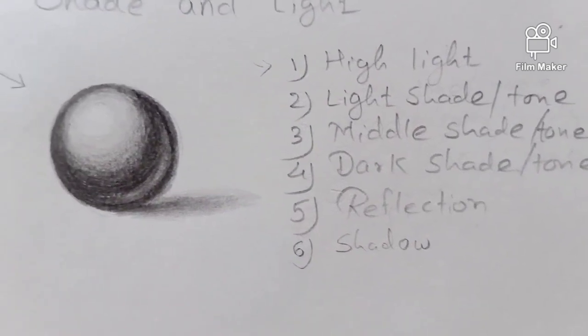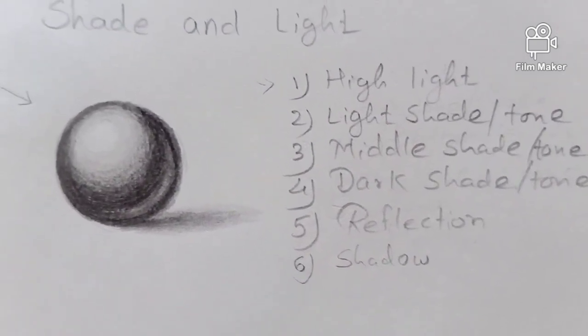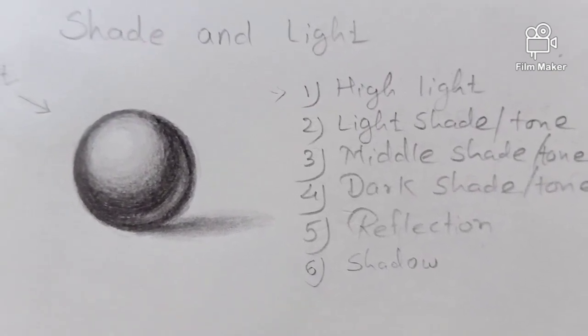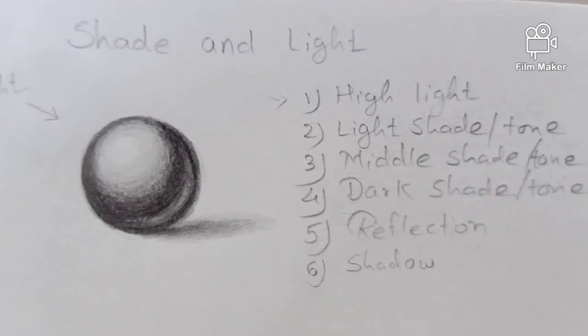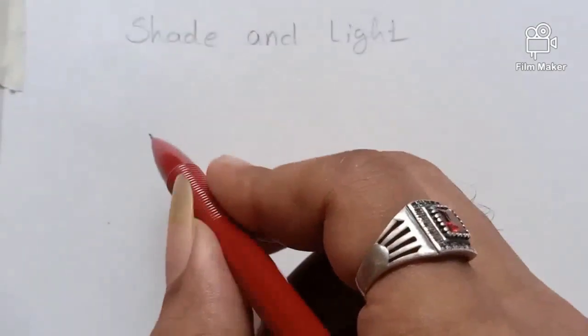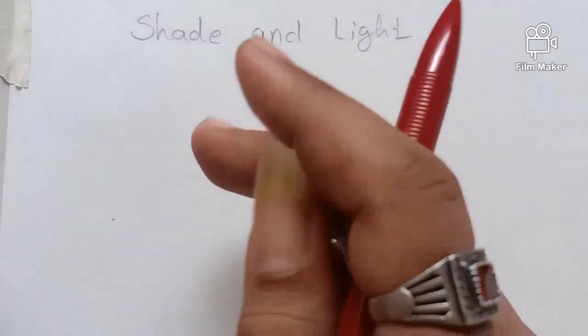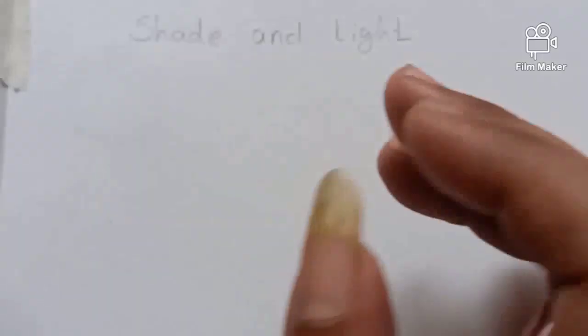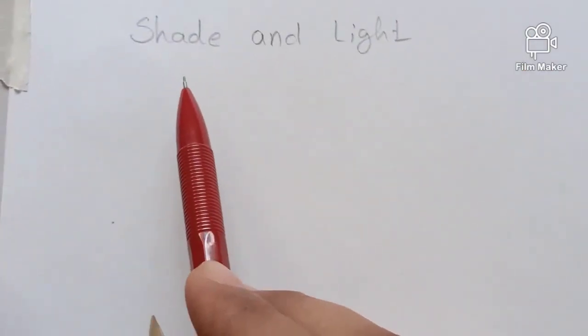If I miss one of the 6 things, I cannot get the proper shade and light of the particular object. Whatever things we are watching, we see because of light. If light is not there, we can't get shade.